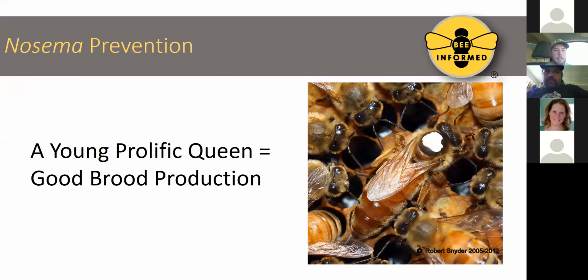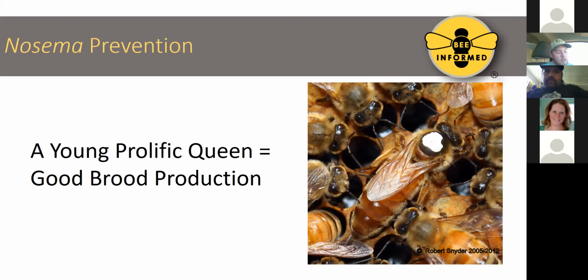All right. The next thing is you want to have a young, prolific queen, and that equals good brood production. Having her in that hive will give you that large population of younger bees. As we described earlier, Nosema is an old bee disease. You want a high population of those young bees to prevent the Nosema.